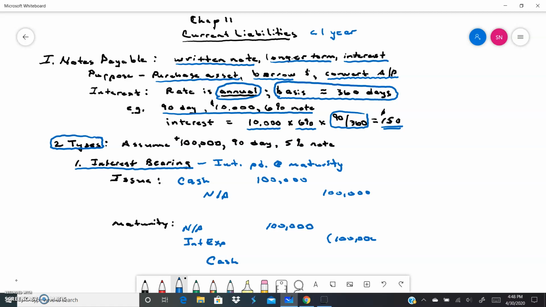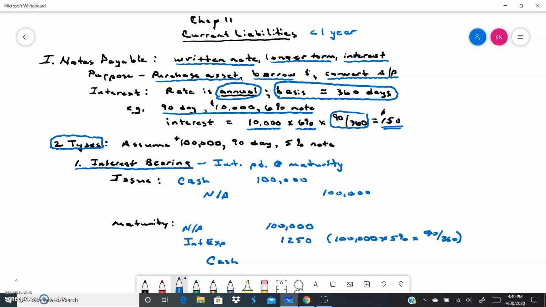So it's $100,000 times 5%, and again that's the annual amount, but it was only outstanding for 90 days. So 90 divided by 360, so that's just a quarter of the total interest for the year. Total interest for the year would have been $5,000. A quarter of that is $1,250.